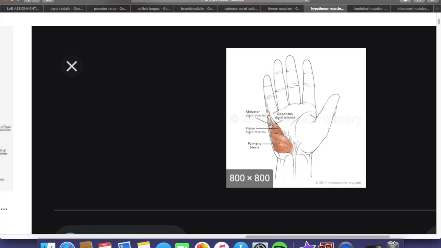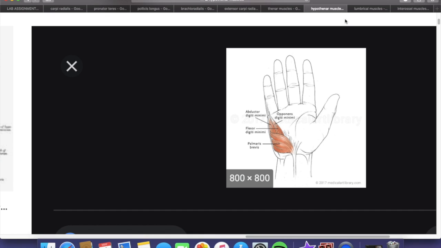And that is responsible for the abduction of the little finger. Okay, and then lastly, in this group, we have the flexor digiti minimi brevis, right here, and that is responsible for the flexion of the MCP of the little finger, and all of these are innervated by the ulnar nerve.